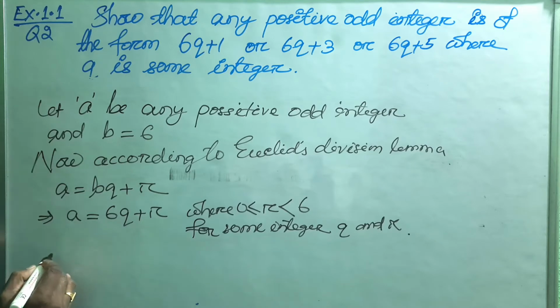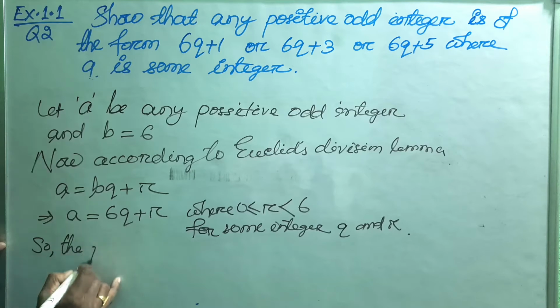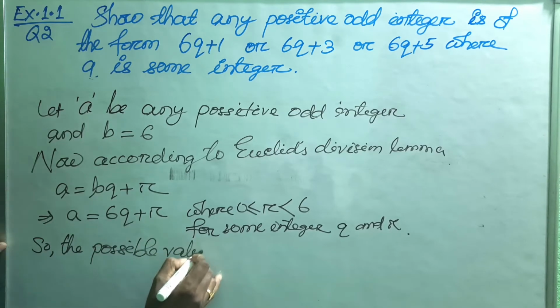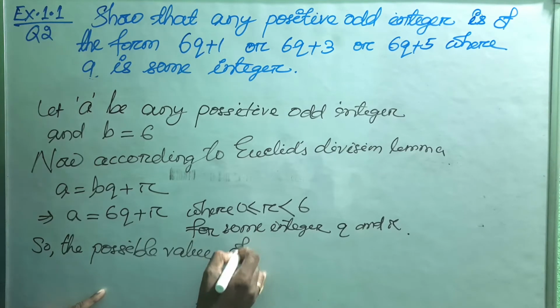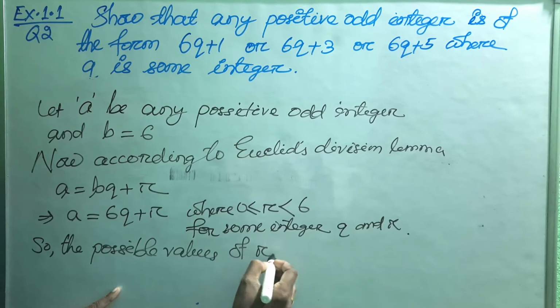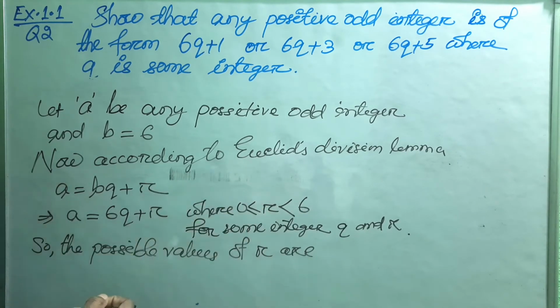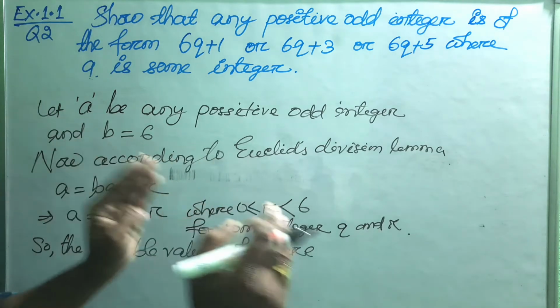Now the possible values of r are, since r is less than 6 but greater than or equal to 0, 0, 1 up to 5.